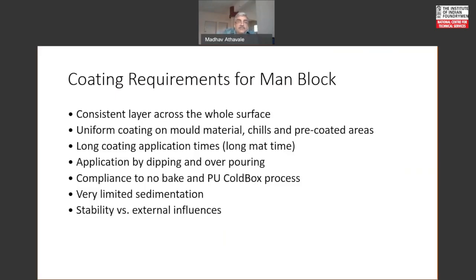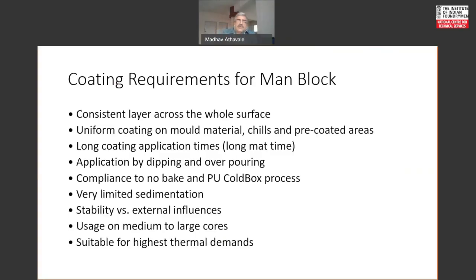Because the process is going to take a long time, stability of the coating formulation was also very important. External influences would mean environmental factors as well. Both medium and large cores were to be used. It had to be suitable for the highest thermal demands, which means you have to choose your filler combination very carefully.